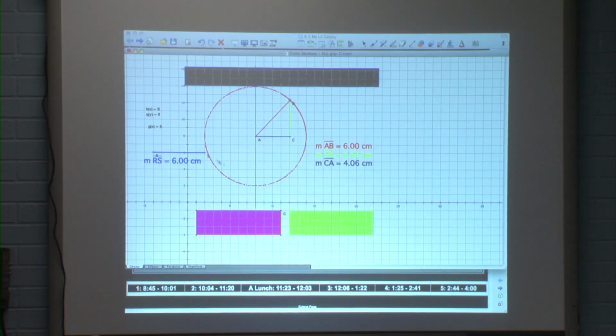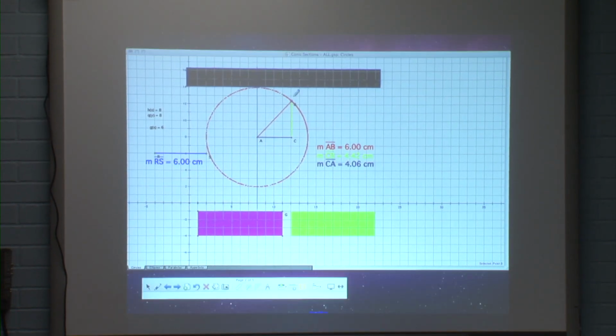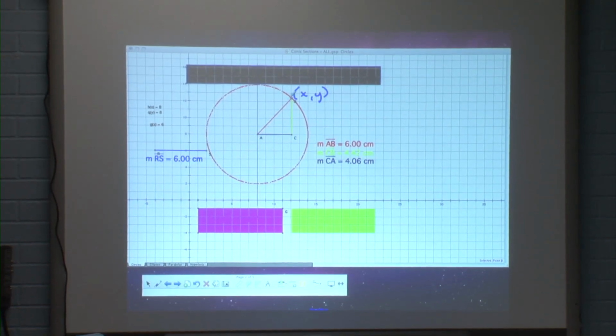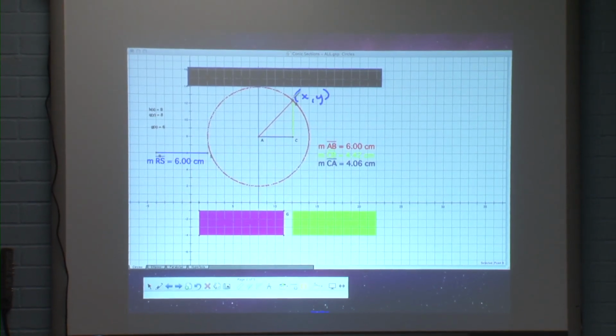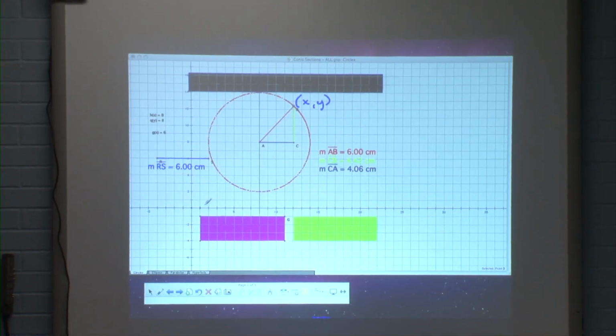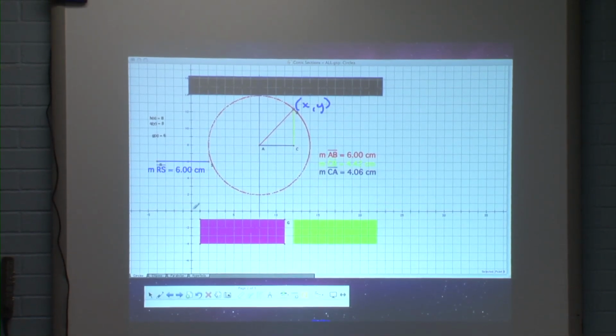Okay, so we've got a circle here. So this point B has an x value and a y value. Now, how would this x and y relate if this circle was centered around 0, 0?